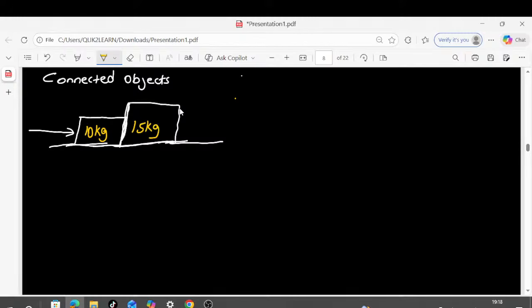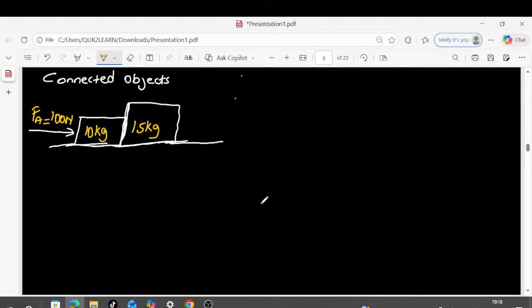These two objects are connected and we have the applied force here. I'm going to call this F applied, and the F applied is equal to 100 newtons. That's what we know so far.